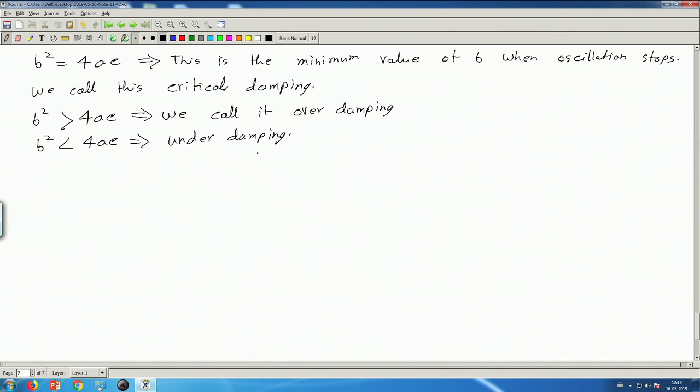Okay. So as I was saying, if I apply a current suddenly like this, theta can reach the final value after some oscillation.